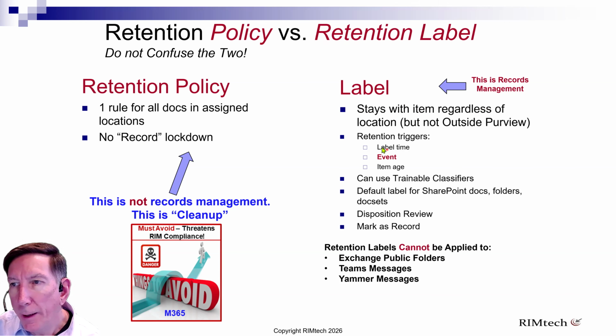It has 3 triggers: a time-based label, an event, or an age, which is good for record keeping. It can use trainable classifiers, which is AI, but we're not going to get into that in this session. It has disposition review at the end, and it marks the document as a record, which is exactly what we need.